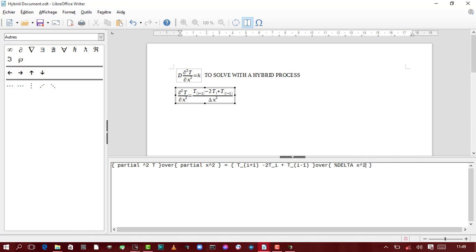Yeah, this is the approximation I'm gonna use on this step. It's easy to use and easy to understand.